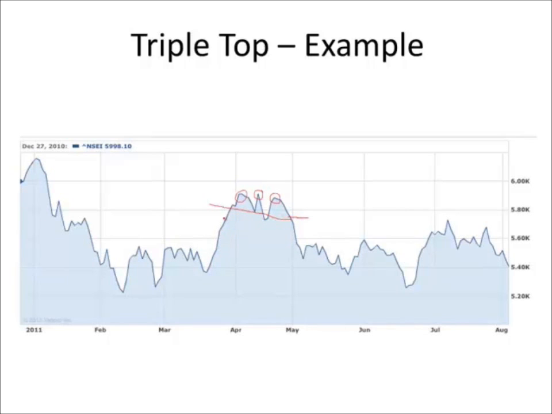We have the price going up, making a top, coming down, bouncing off the neckline, making a second top at around the same level as the first top, coming back down to the neckline, going back up, making a third top over here, coming back down, and then this breaking of the neckline signifies the completion of the triple top pattern, and after this the price carries on quite significantly downwards.